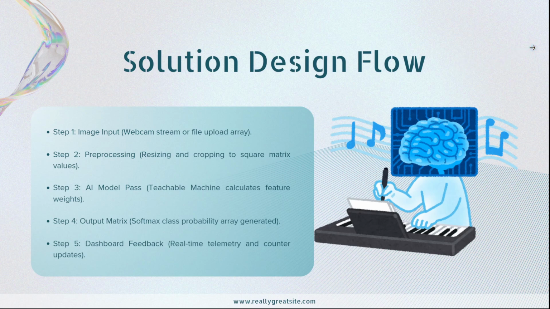Second, the canvas layer instantly crops and scales that frame to a clean square input grid. Third, the model evaluates the pixel tensor against our trained parameter weights. Fourth, the network returns a probability distribution vector. And fifth, our front-end interface dynamically renders the final prediction to the user.